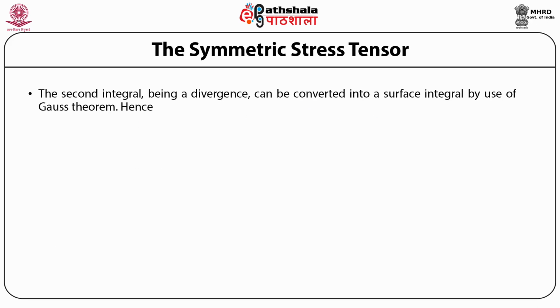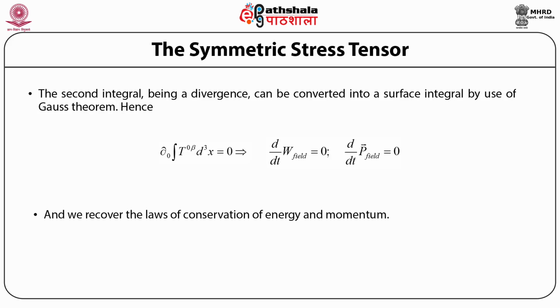The second integral, being a divergence, vanishes on use of Gauss theorem, and hence we get ∂_0 ∫T^{0β} d³x = 0, which implies that dW_field/dt = 0 or dP_field/dt = 0. And here we recover the laws of conservation of energy and momentum.